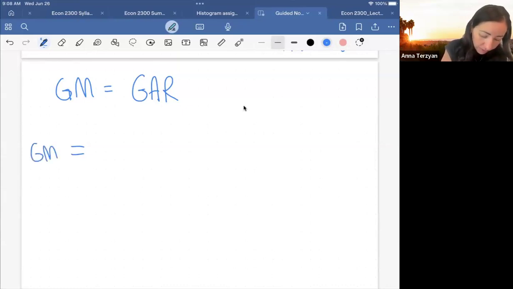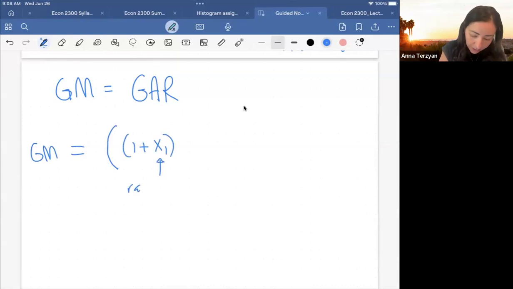So the geometric mean is, I'll write it two ways for you, the product of 1 plus x1, where x1 is actually the rate of growth. This could be substituted with R. In finance, we would use R. In statistics, they use X because it's like all of the other calculations.